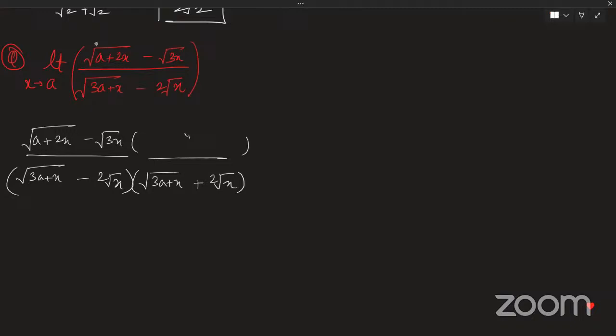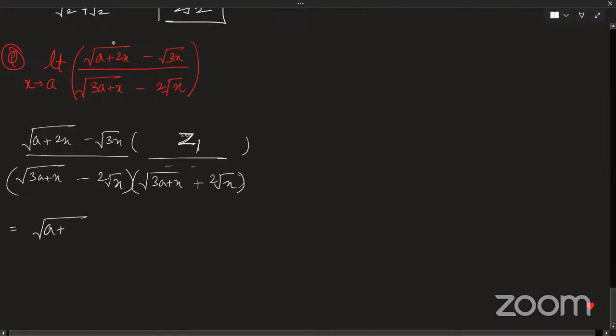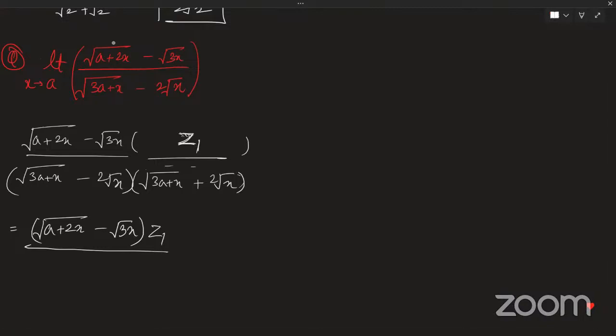Okay. Let us just look at it. For the time being, I'm calling this whole thing Z1, which remains at the top. In the numerator, it is square root a plus 2x minus square root 3x into Z1. What will happen in the denominator? A square minus b square. What is a square? Root 3a plus x square, which is 3a plus x.